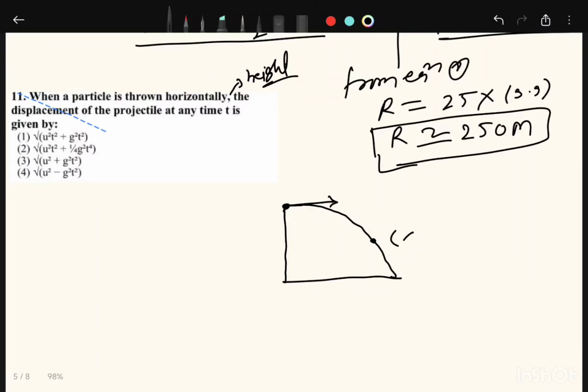So we need the coordinates for this particular time, which is t. So you can write x, y, and t, right? We need the coordinates x and y.